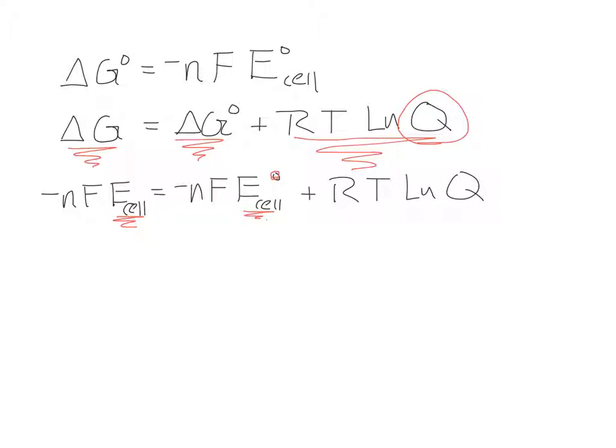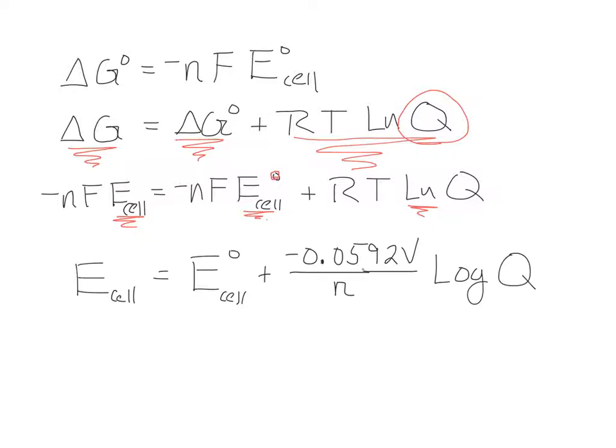So next I'll do a little bit of algebra and rearrange and change the natural log into a log to give you the final expression that you actually need to answer homework problems.